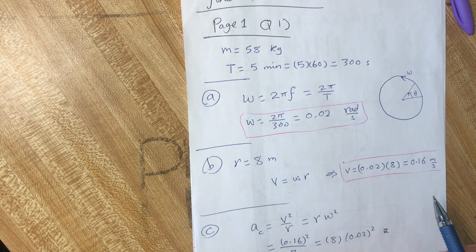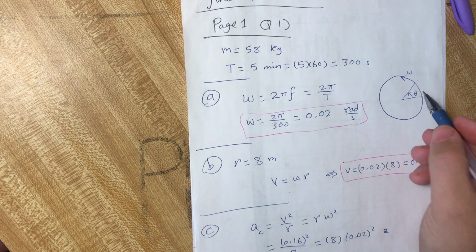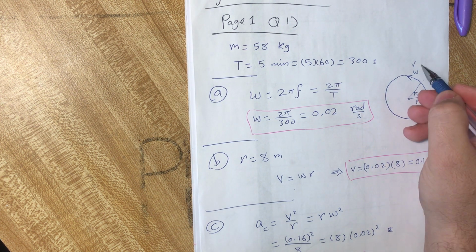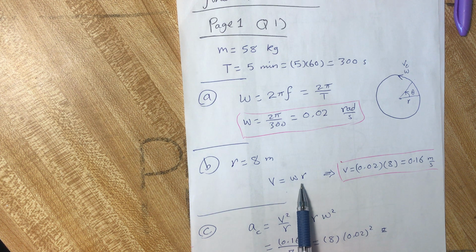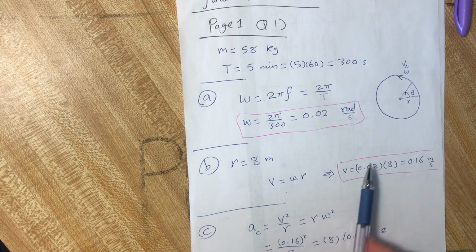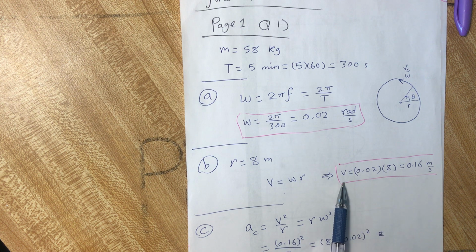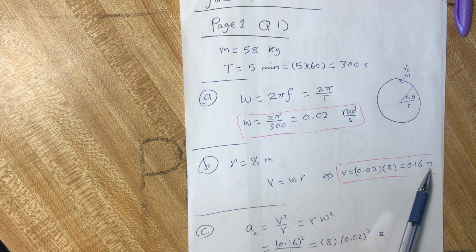Okay, if the radius is 8 meters, this is the radius, what is the tangential velocity? V tangential is equal to omega multiplied by r, by the radius.